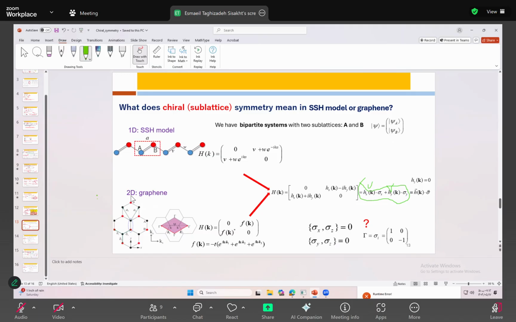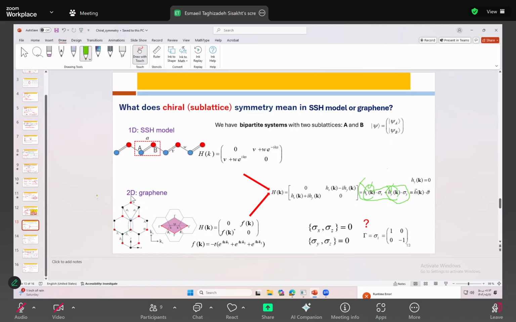But in the graphene model, we don't think of a helicity number because the Hx, Hy are not linear in k. But if for the Dirac particle Hx is just kx and Hy is just ky, in that case we can define the helicity number.